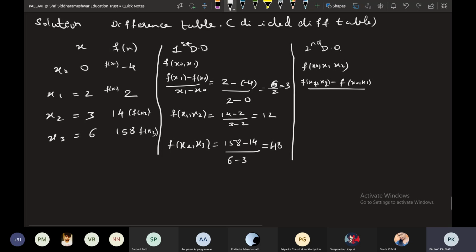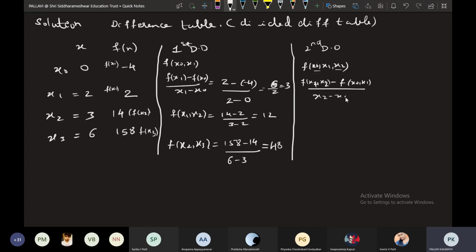Then the second divided difference, the term is denoted as f of x0, x1, x2, right? Then what will the formula be? The second minus the first one. So the second one is f of x1, x2, the first one is f of x0, x1, divided by these last two values, x2 minus x0.